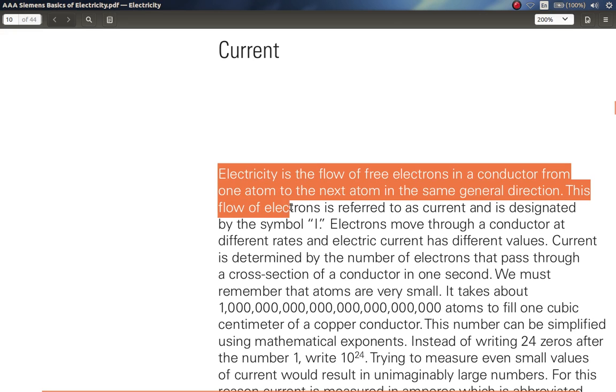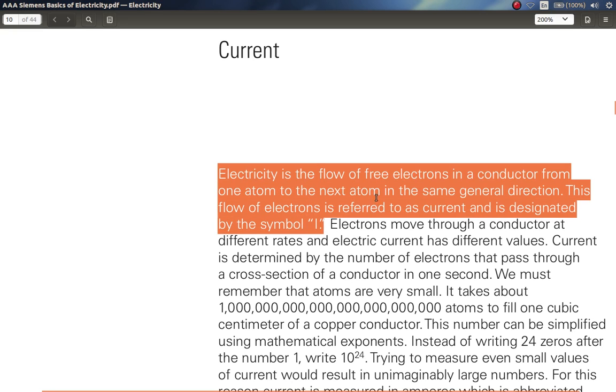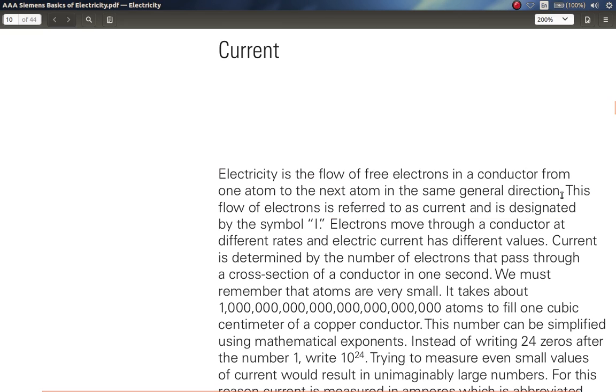Electricity is the flow of free electrons in a conductor from one atom to the next in the same general direction. Now remember, we said before that you have electrons that are called free electrons that keep jumping from one atom to the next, but in no general direction.